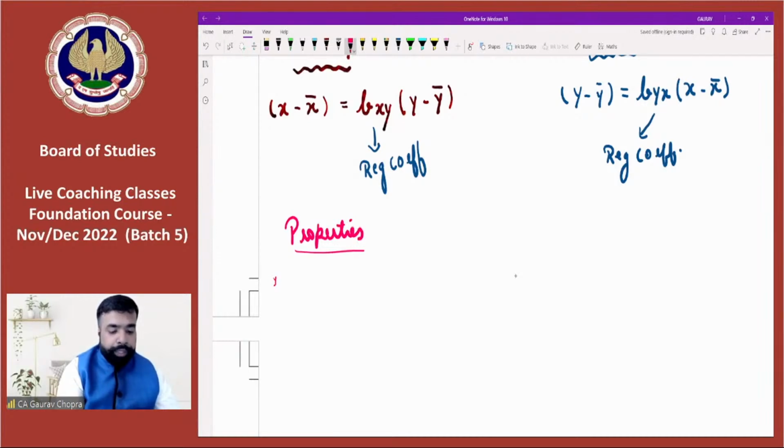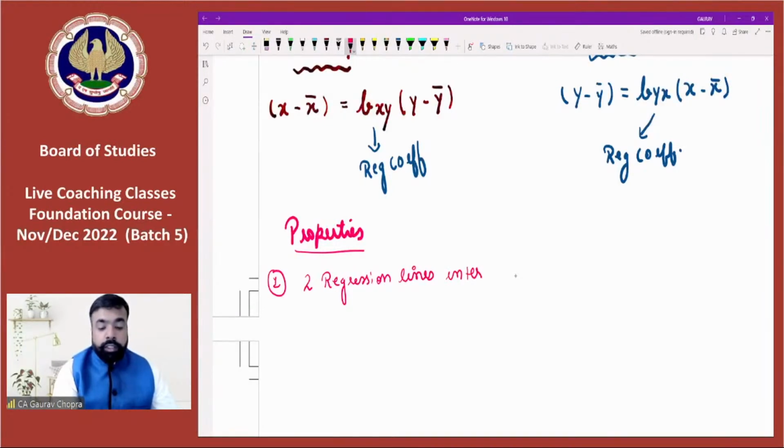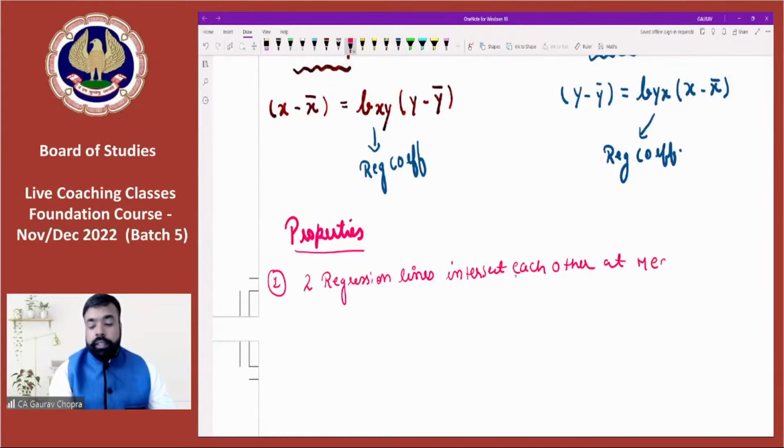The first property is that two regression lines intersect each other at the means, that is x bar and y bar.